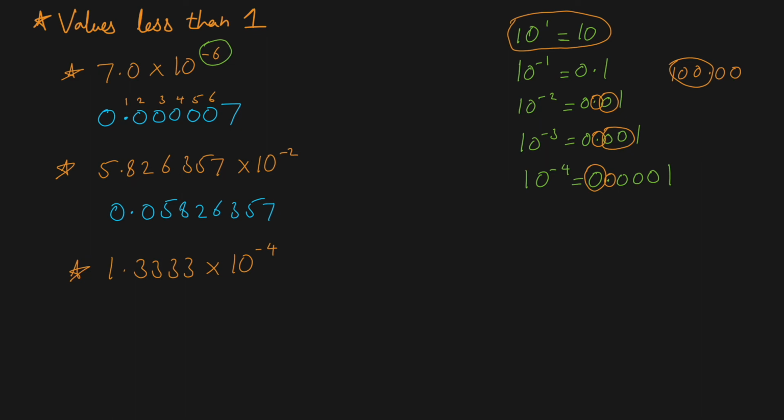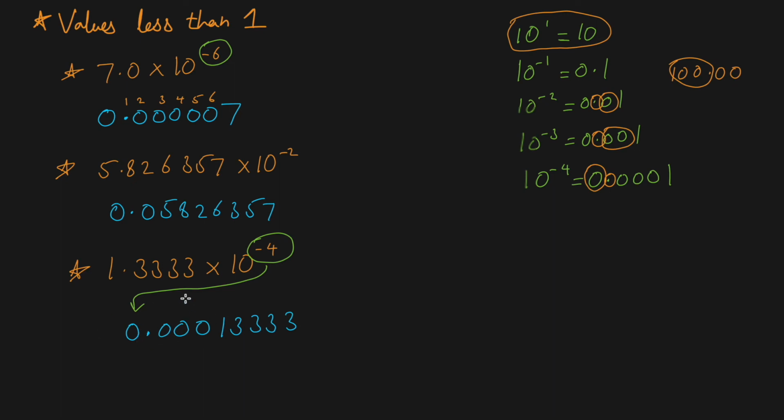Let me just explain it to you with the green marker. Minus 4. So what we will introduce here, we will introduce a decimal point with 3 zeros. So 0 point, decimal point, counting from the decimal point 1, 2, 3, 4, and then we will have 1, 3, 3, 3, 3. So this is the final answer.